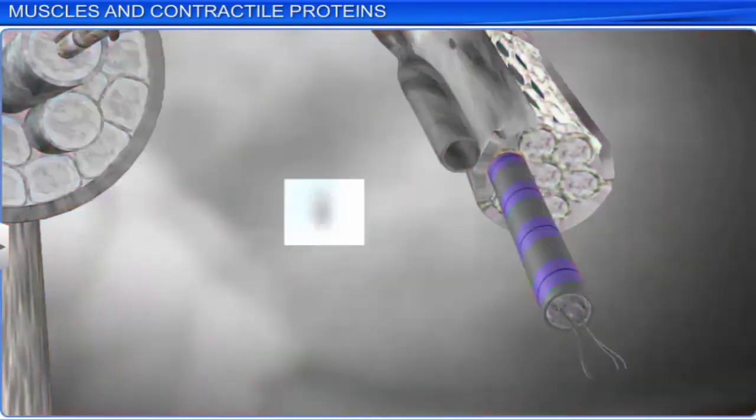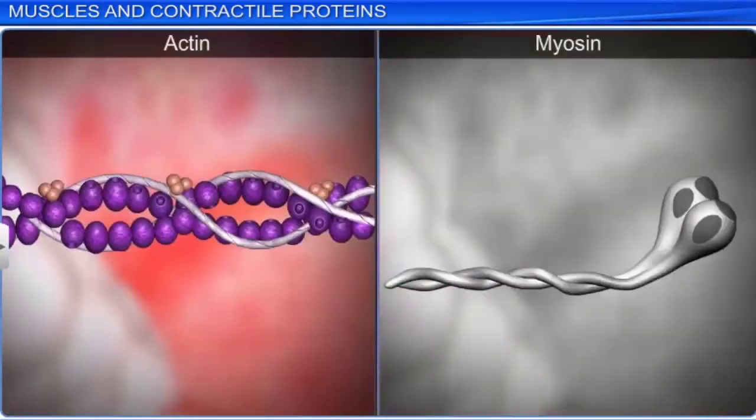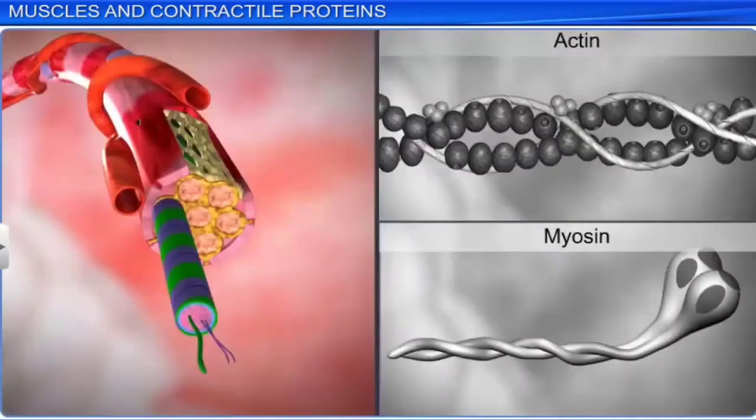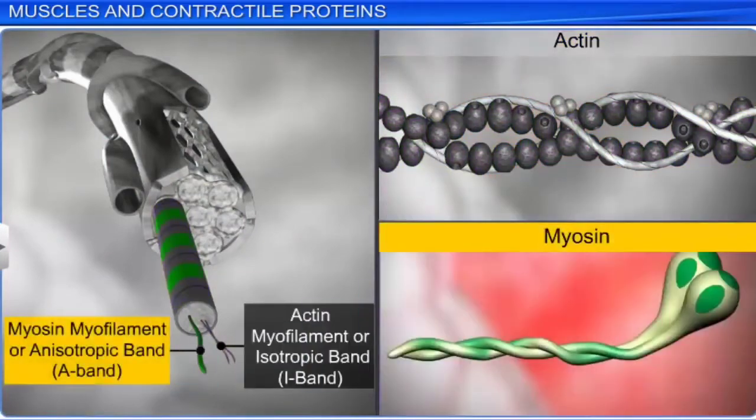These striations are due to the alternate distribution of two important proteins, actin and myosin. The light band contains actin and is known as isotropic band or I band, whereas the dark band contains myosin and is known as anisotropic band or A band.